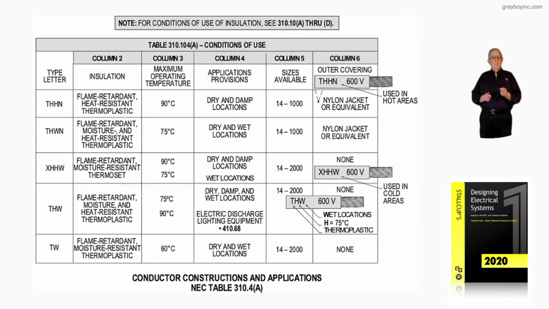Now, if you drop down and look at XHHW, notice in column 2 that the insulation changes. It's flame retardant, moisture resistant, thermoplastic.